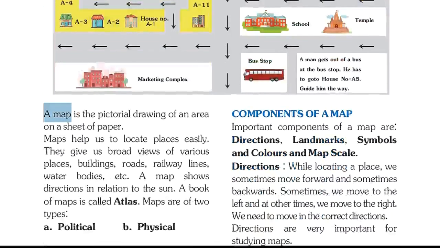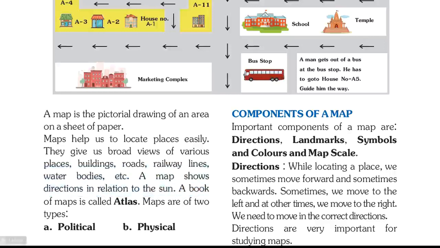A map is a pictorial drawing of an area on a sheet of paper. Maps help us to locate places easily. They give us broad views of various places, buildings, roads, railway lines, water bodies, etc.